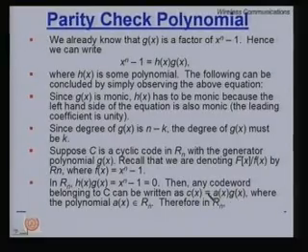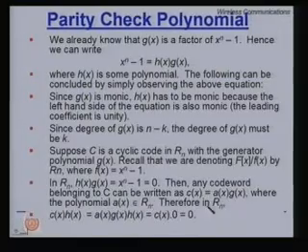We have noted this before, where the polynomial a of x is within R_n. Therefore, within R_n, c of x times h of x is equal to a of x g of x h of x, but for every valid g of x and h of x, it should be 0.